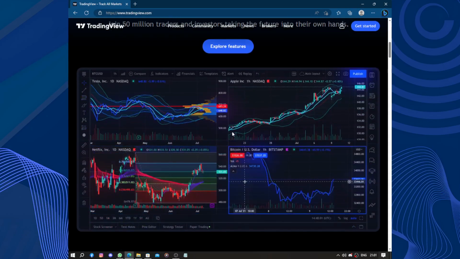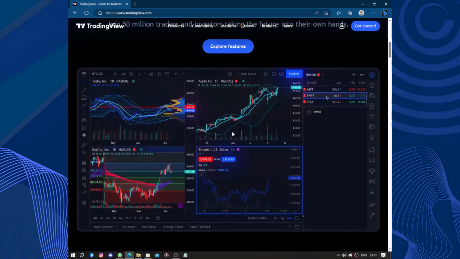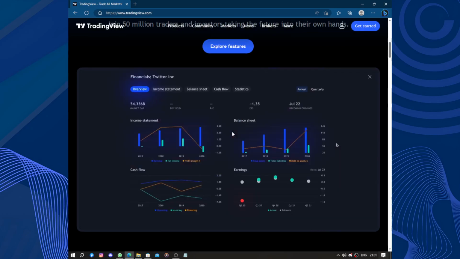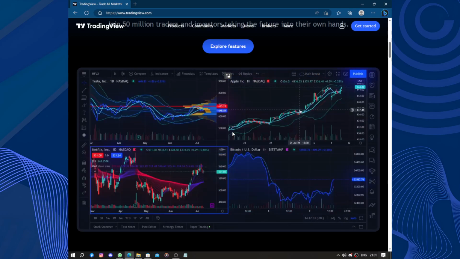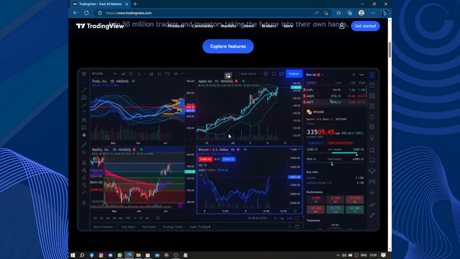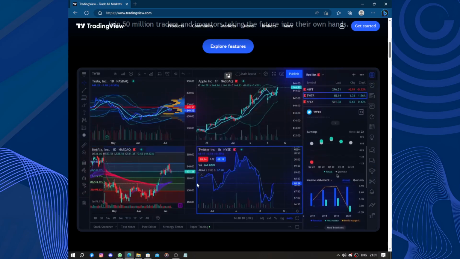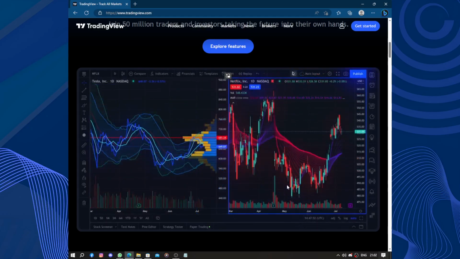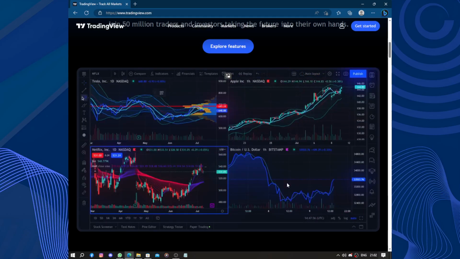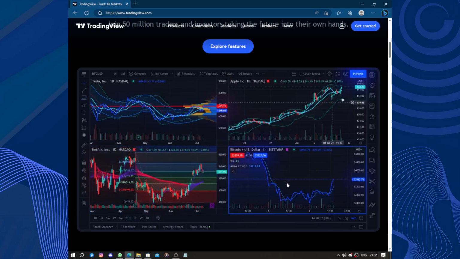Navigating through the platform is very easy, allowing users to quickly access various functionalities. The charts are visually appealing and highly customizable, enabling traders to analyze market trends, identify patterns, and make informed decisions.